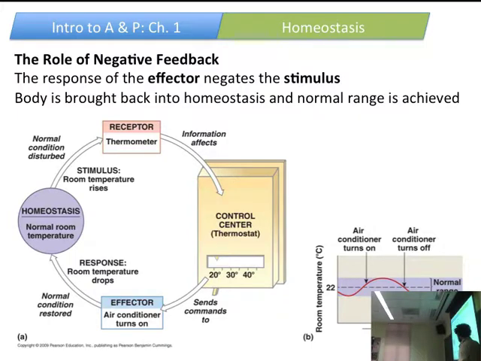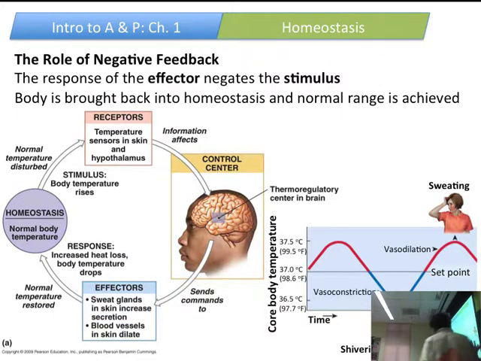So if we look at the temperature in the room with time, we see a fluctuation. Temperature rises, air conditioner's off, air conditioner turns on, cools it down to the bottom end of the range, shuts the AC off, temperature goes up again. The same thing happens in the body.